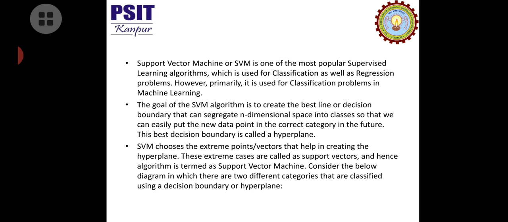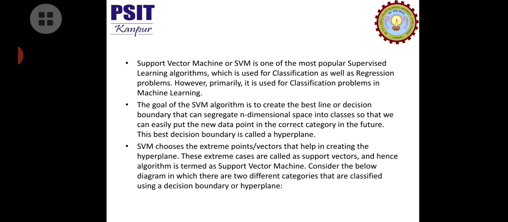So that if we want to put a new data point in the future, we have the correct categories and can easily put the data point in the correct place. This best decision boundary is called a hyperplane.